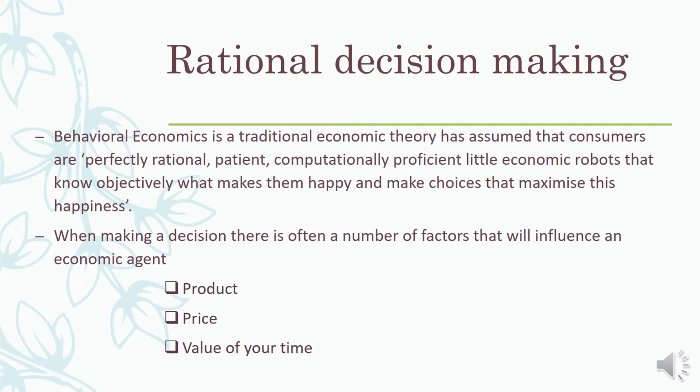As a customer, when you are going to purchase, these are the most important factors, isn't it? First, which product you want to purchase, what is the price of that product, and the value of your time. In order to purchase that product, you have to go to that shop, whether it is nearby or far away. So you will calculate everything and decide.